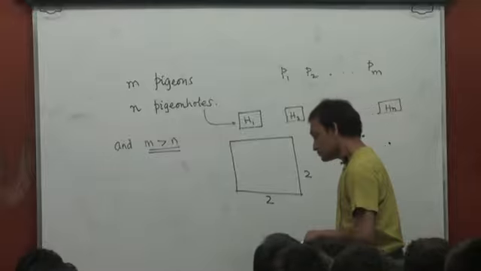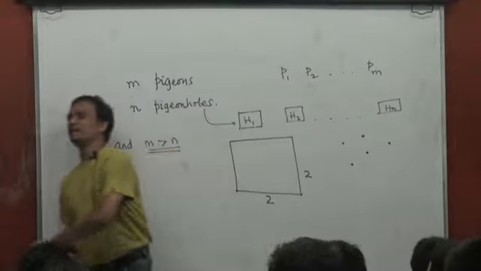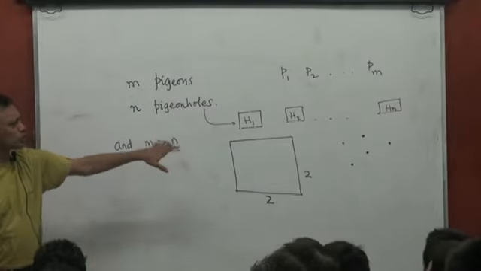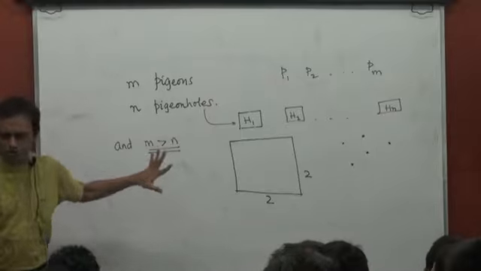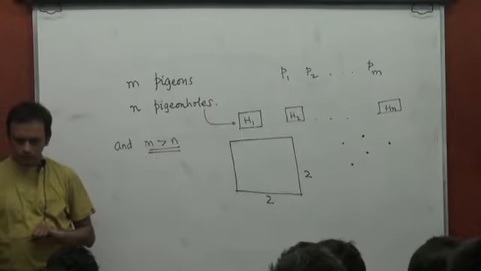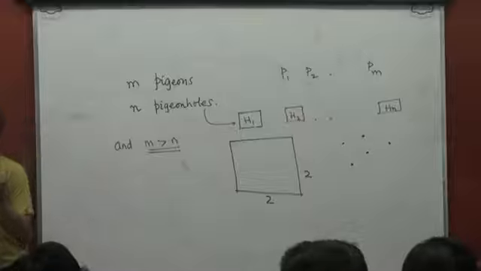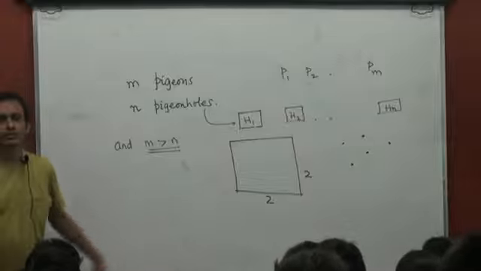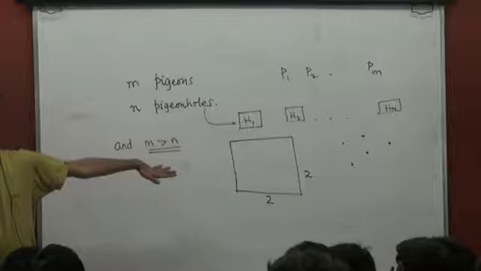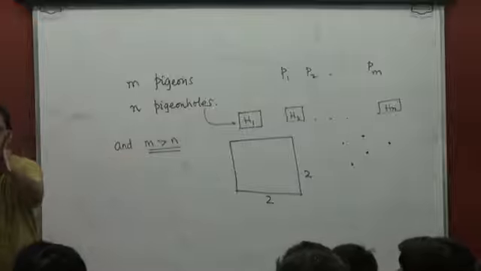Right? Now, my claim is, no matter how you throw the dots in the square, irrespective of the clumsiness you deploy in throwing the dots, there must be at least 2 dots.